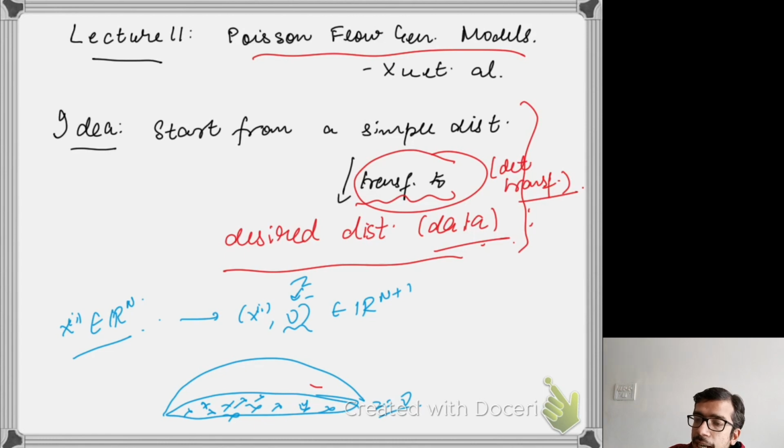And the idea is, how do I generate the distribution of these points? Well, I look at a very large hemispherical surface, and I consider a uniform distribution over this hemispherical surface.